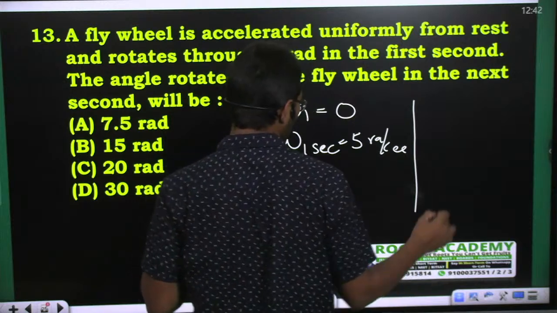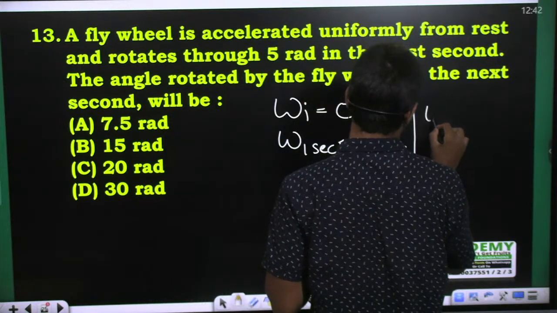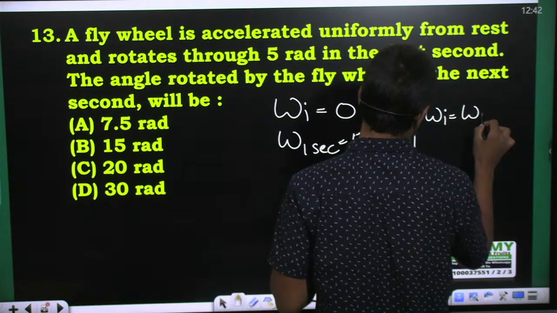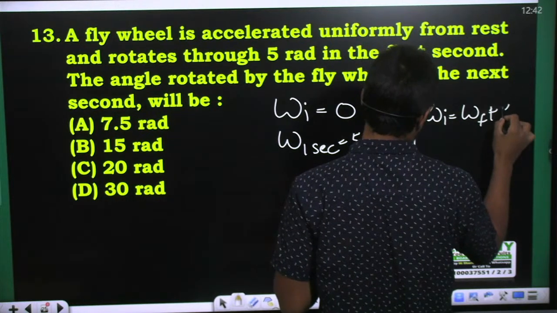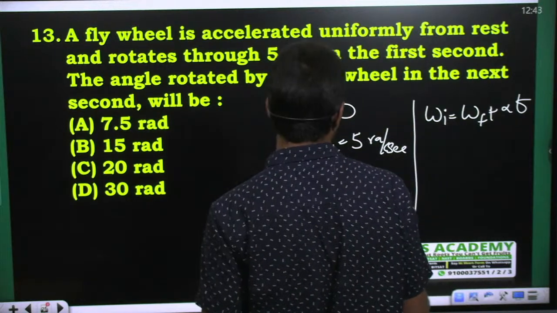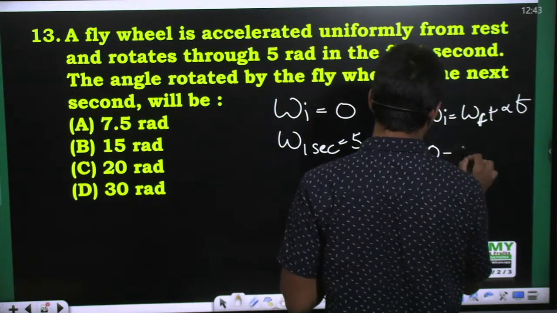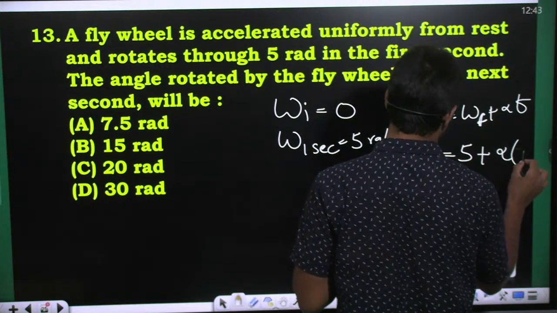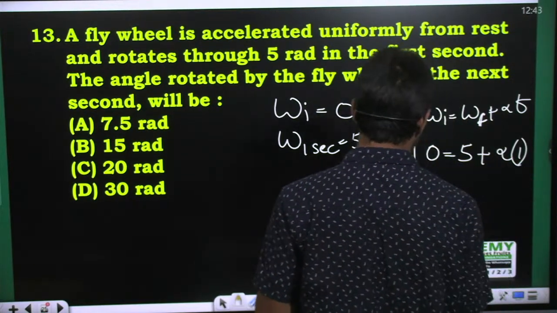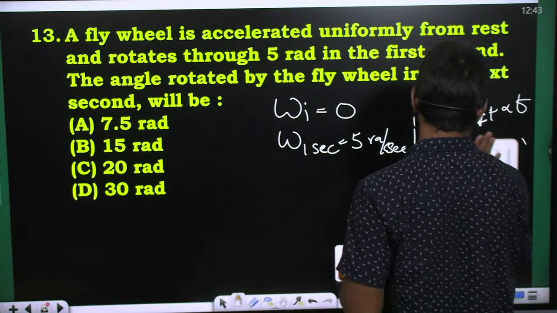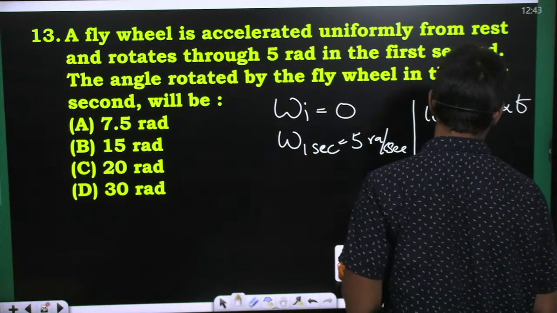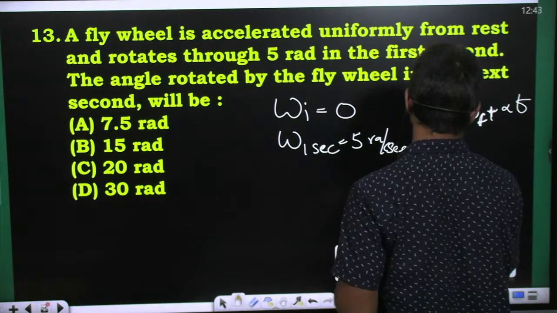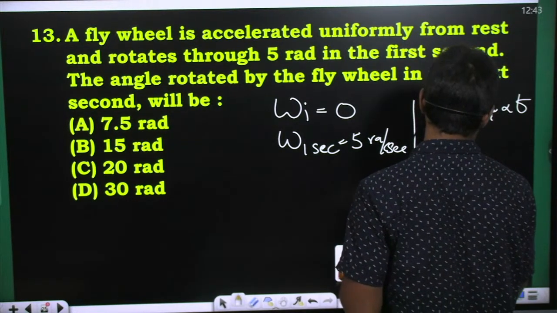If you apply basic kinematics of motion, v is equal to u plus alpha t. We are trying to find alpha here. Omega final is 5 plus alpha times t, 1 second. So not this way. Theta is equal to ut plus half alpha t square.